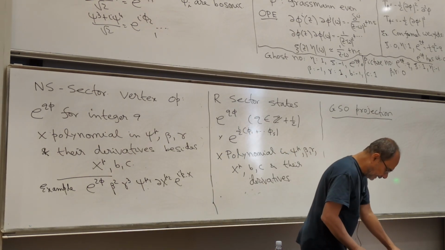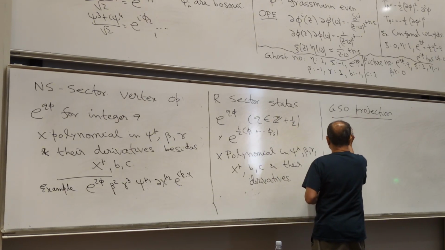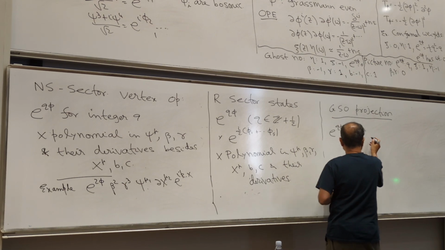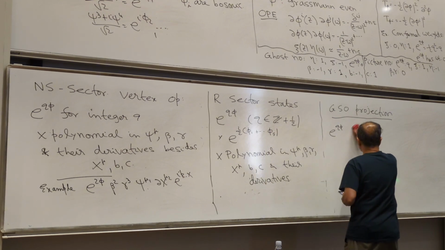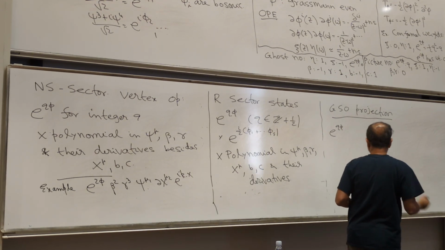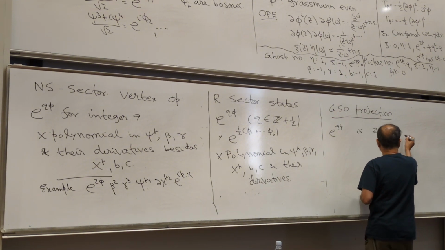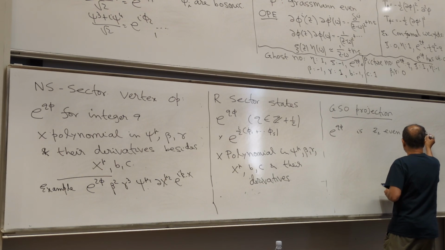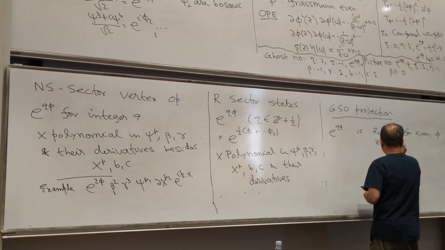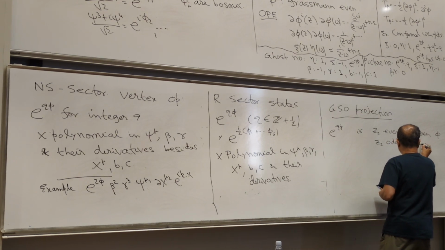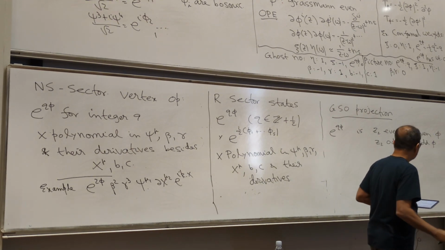And here the rule is the following: e to the q phi is Z2 even for even q and Z2 odd for odd q.